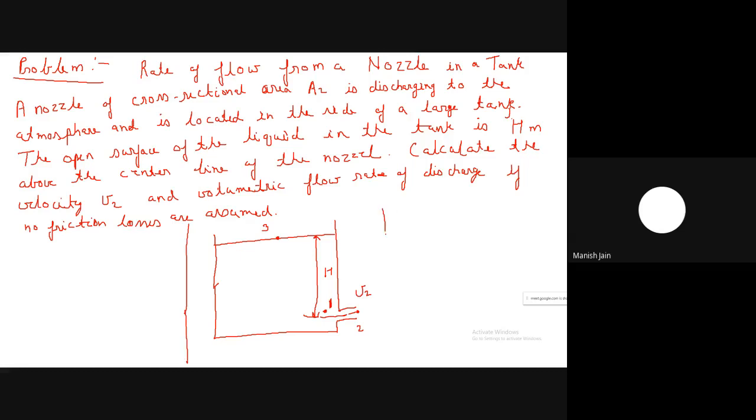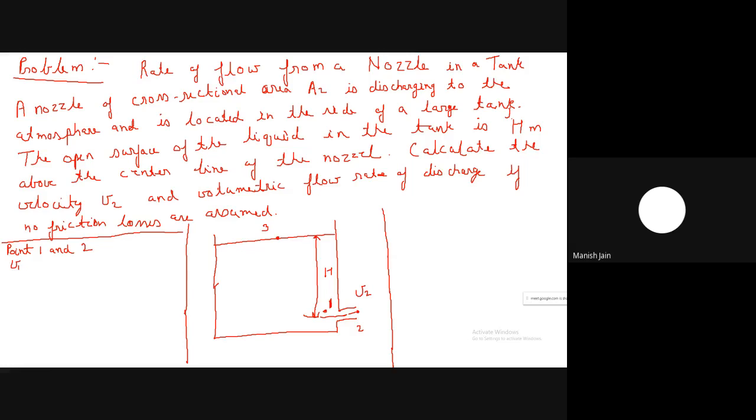So you can understand. This is the diagram. First, we will solve the equation between point 1 and 2. So V1 equal to, because it is inside the tank, the cross-sectional area at this point is very large, so the movement of the molecule is very small and negligible.